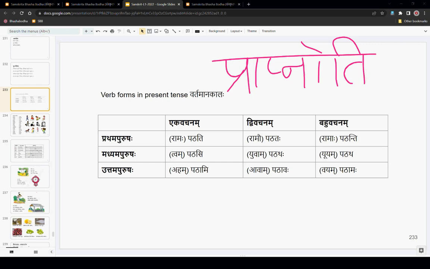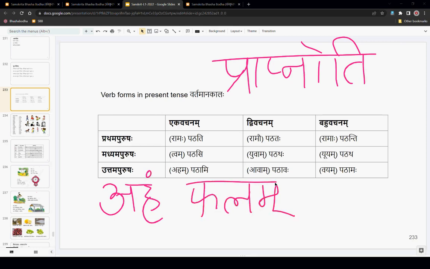Aham apane phalam prapnomi. Apane is right now not important, so just leave it. So let's say aham phalam prapnomi.